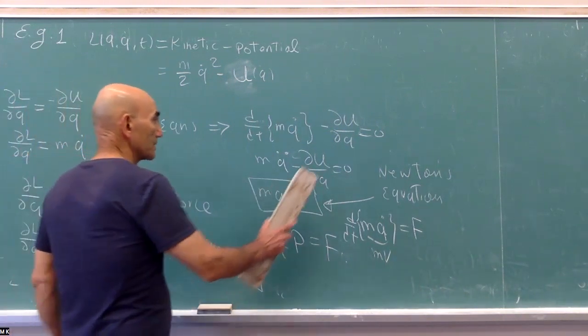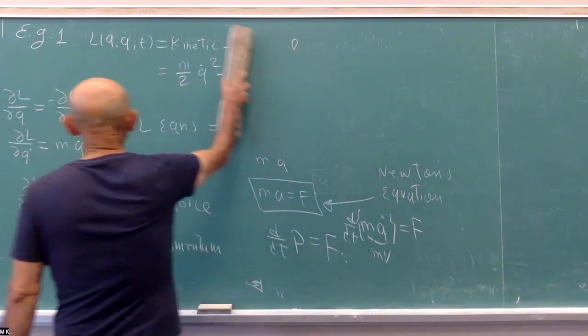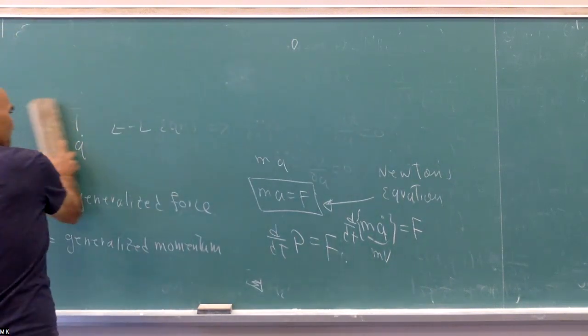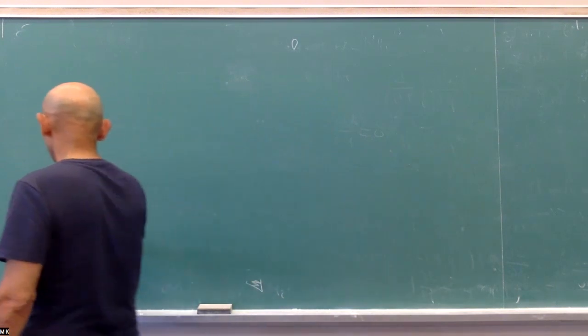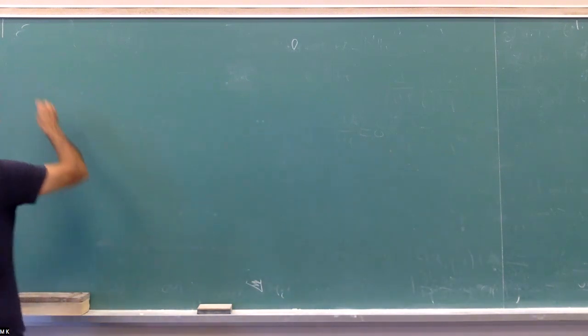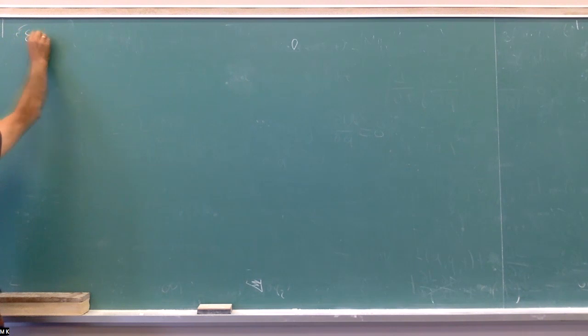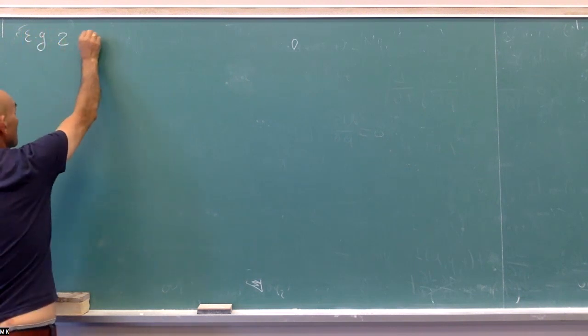Okay, so let's now look at example 2. This was actually the original motivation for Hamilton: geometric optics.